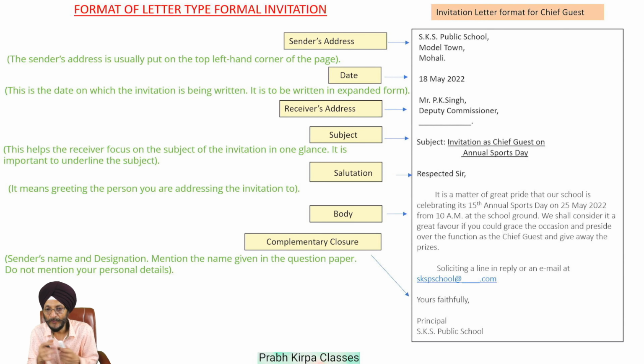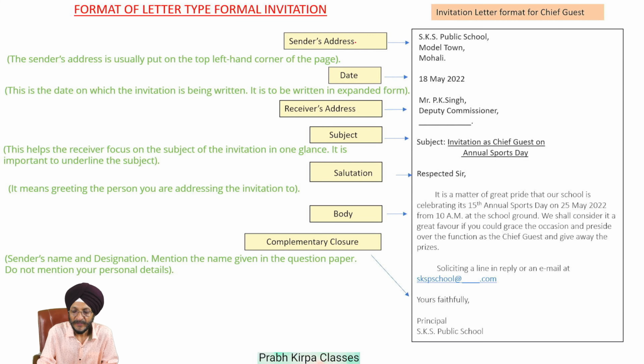But when we want to invite a chief guest or VIP to attend a particular function, then we do not send a card. We have to write a specially worded letter to invite the chief guest or VIP. A card, which is printed and has no signatures, will not serve the purpose. In the case of invitation of a chief guest or VIP, we have to write a specific letter which is properly signed.